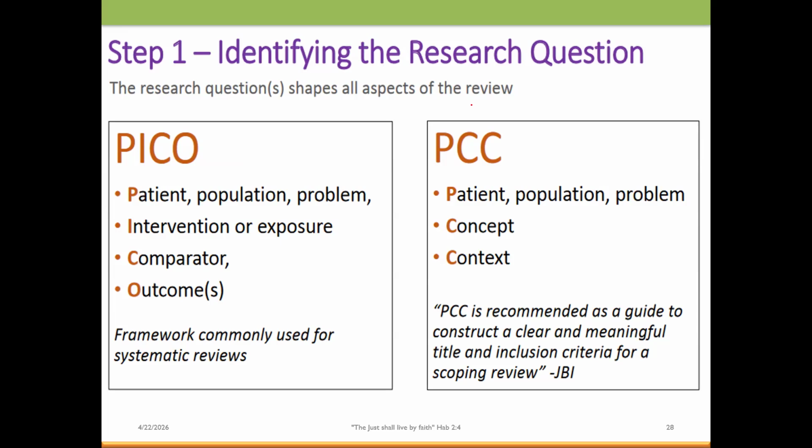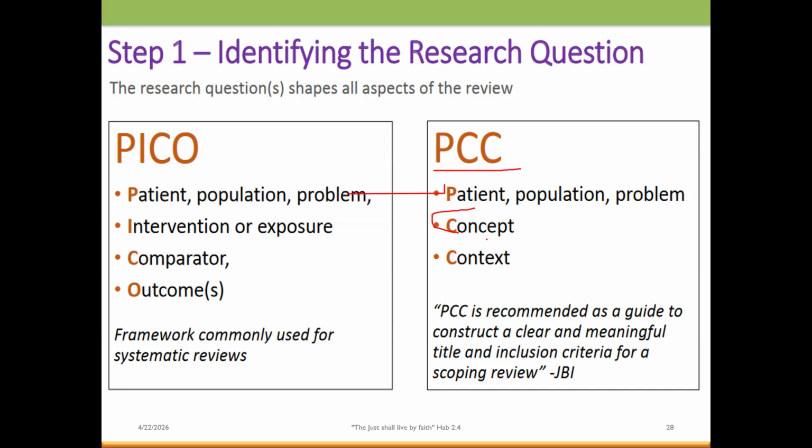But in scoping review, the JBI recommends a framework to help researchers construct clear and meaningful titles and inclusion criteria for the scoping review. They highlight the PCC, which is the patient or the population or the problem, then the concept and the context.